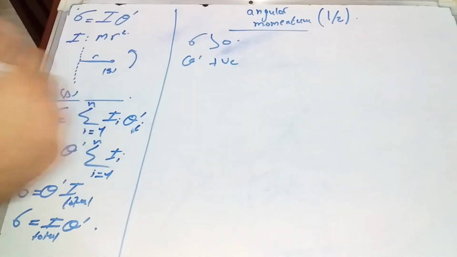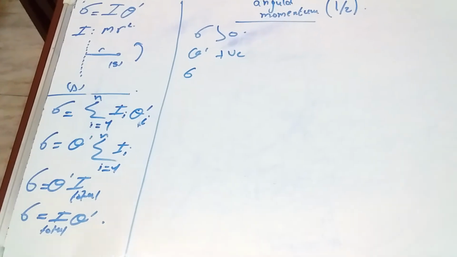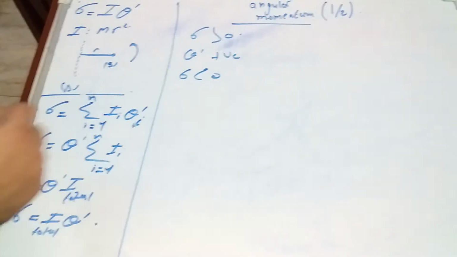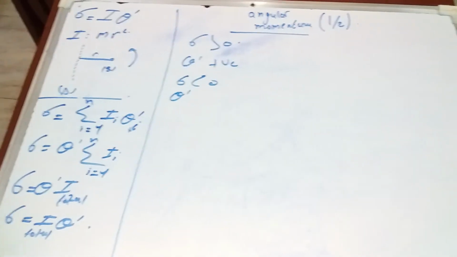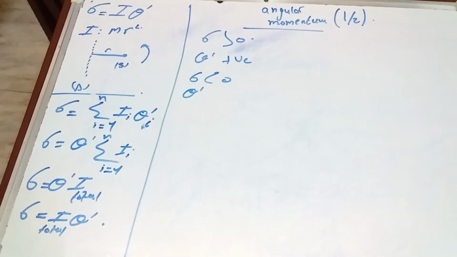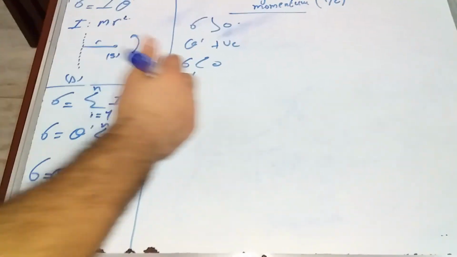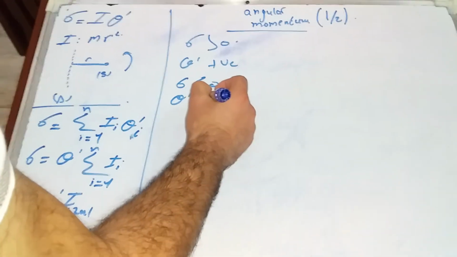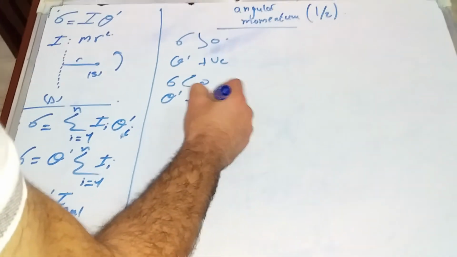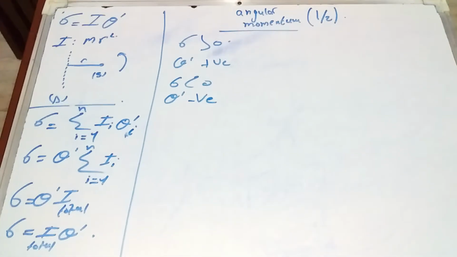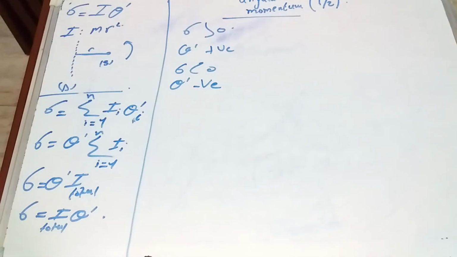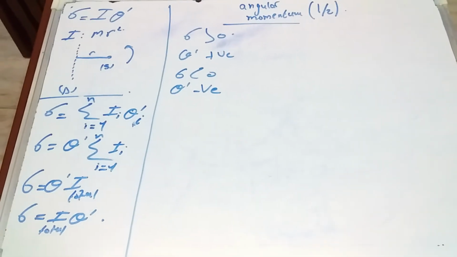The angular momentum sigma will be negative if the particle or the object is heading in the negative direction, where the positive chosen direction is anti-clockwise.